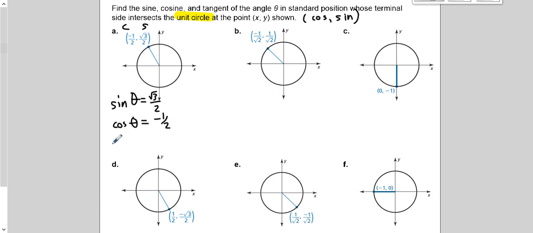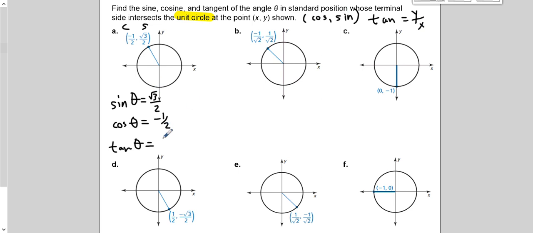Then tangent, the sine divided by cosine or cosine divided by sine? Which way does it go? Tangent is y divided by x or sine divided by cosine.